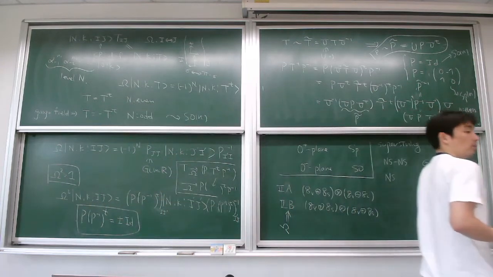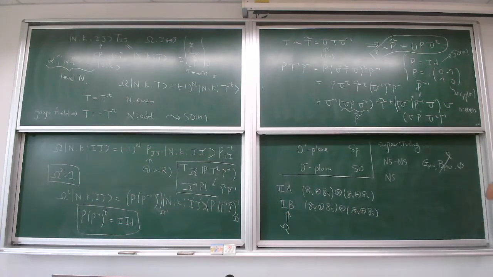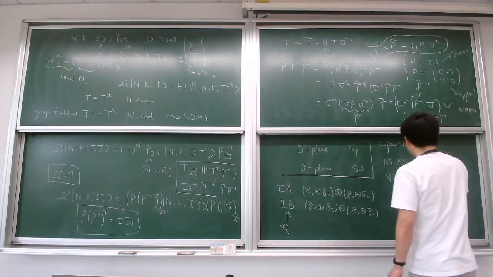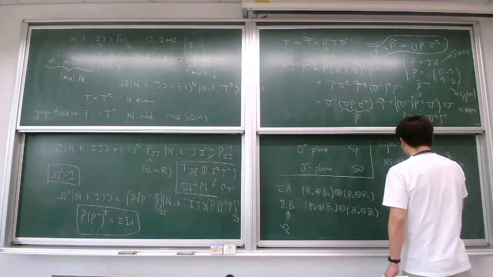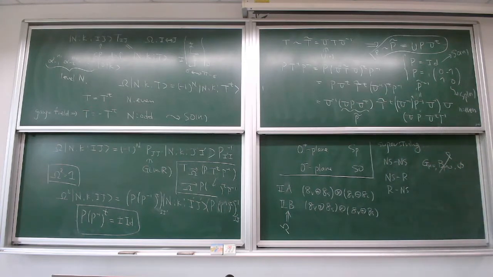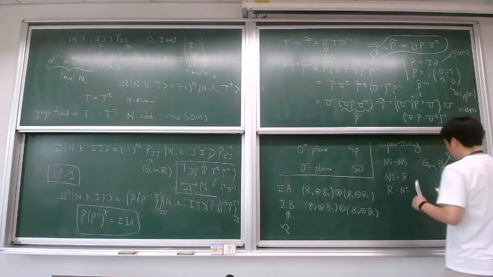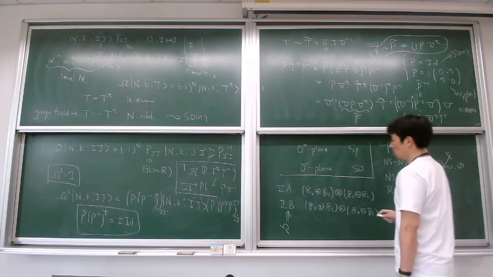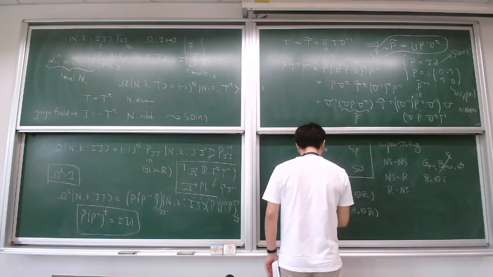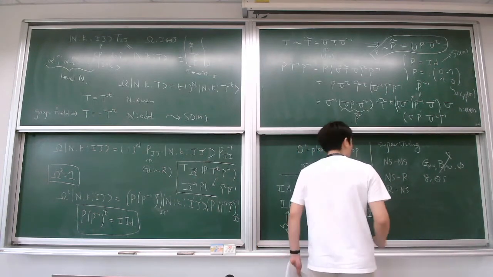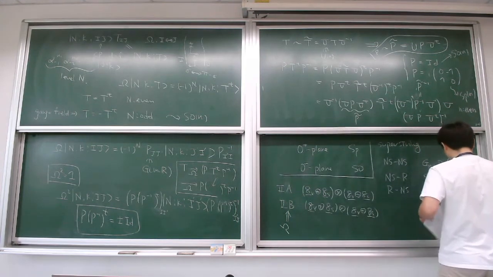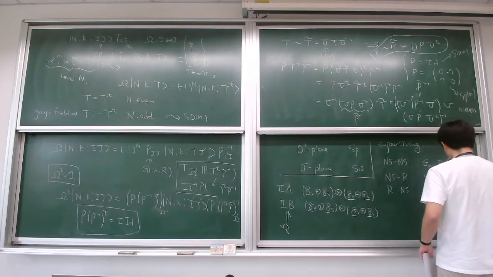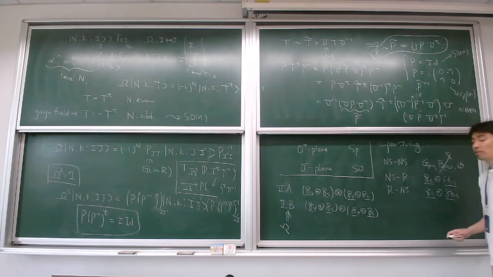If you look at the table in the type 2 string, you have NSR and RNS, with 8_C plus 56_S coming from the NSR and RNS sectors in type 2B.